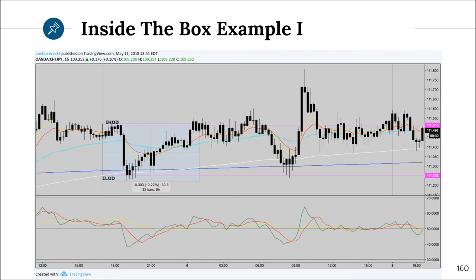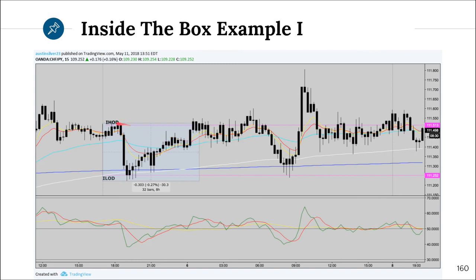So we want to wait until this level is broken, which it gets broken right here. Now, you'll say, Austin, look at these wicks through the pink line. Isn't that breaking it? No. When we talk about breaking levels, we're only going to discuss it with a candle body. Remember, the only thing that wicks are good for is measuring Asia high to Asia low. The rest of the time, we need to see candle bodies close.